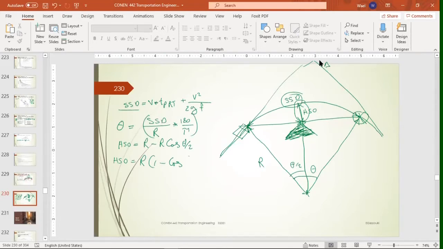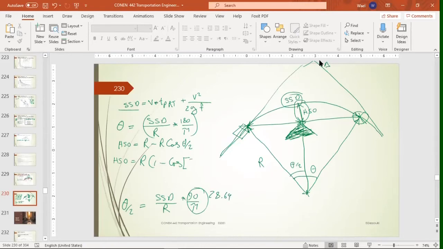So theta over 2 will equal the stopping side distance multiplied by 90 divided by pi over R. If we calculate 90 divided by pi, this is going to be 28.64.